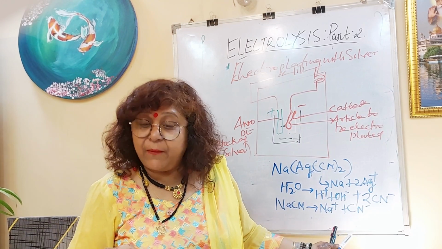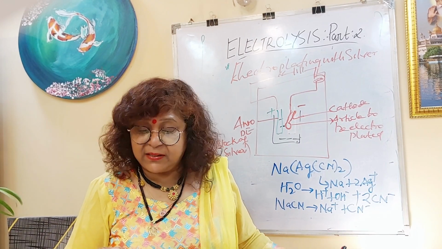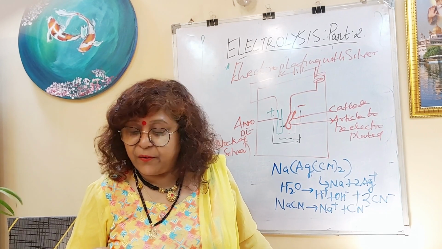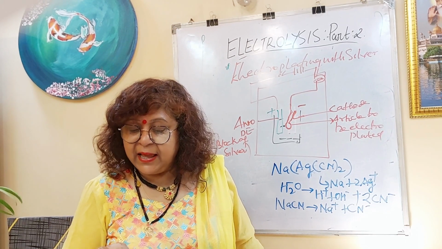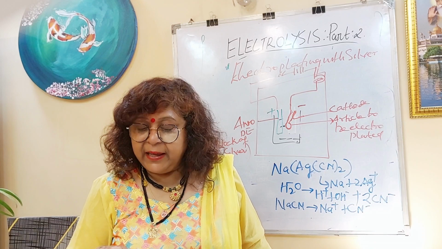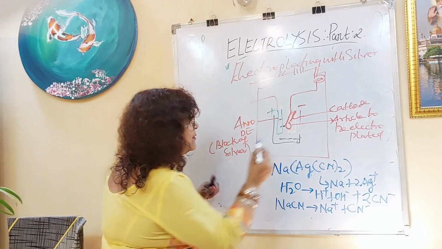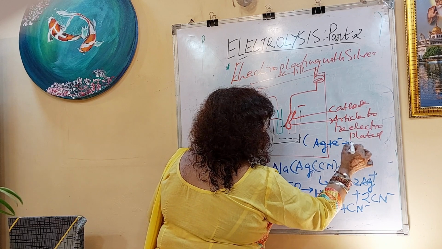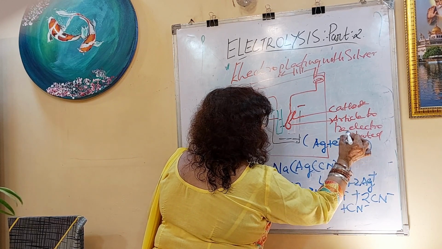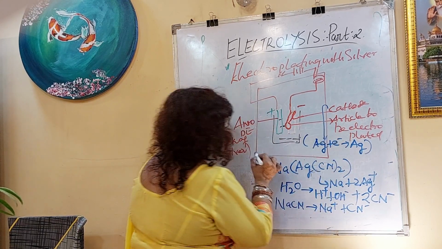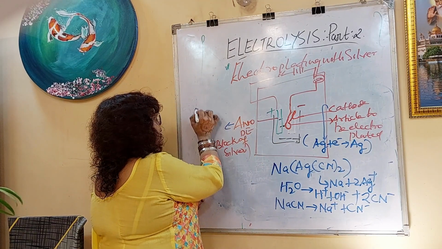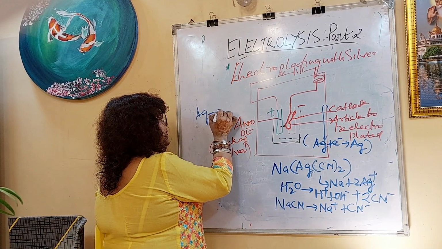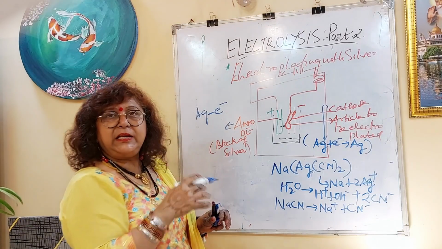So Ag+ plus an electron forms a silver coating on the cathode. What happens now at the anode? The atoms at the silver anode lose electrons to form Ag+ ions and enter into the solution. Ag minus an electron, it is going away.